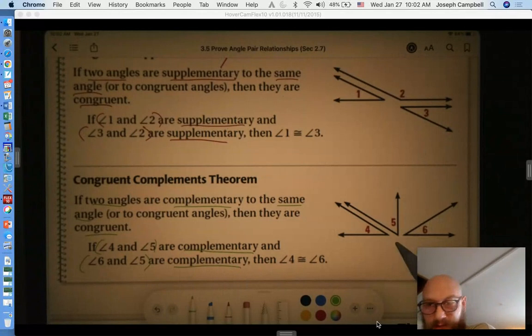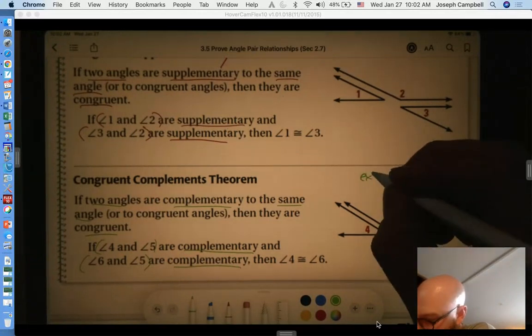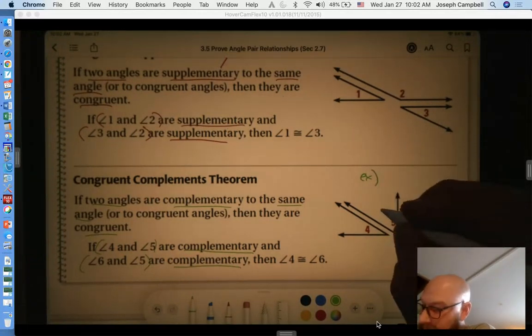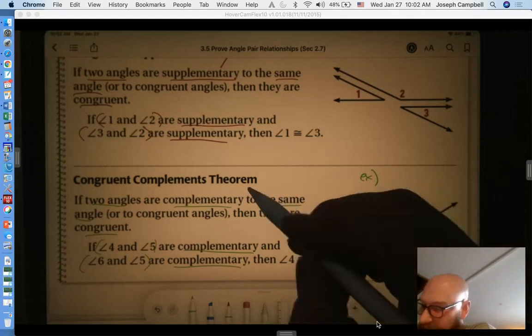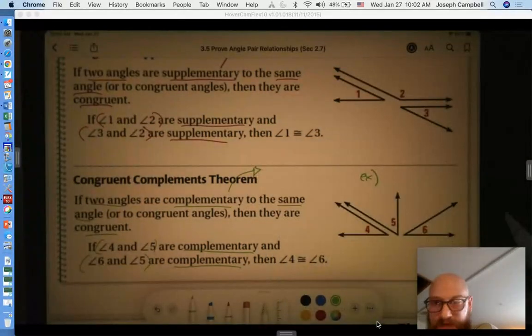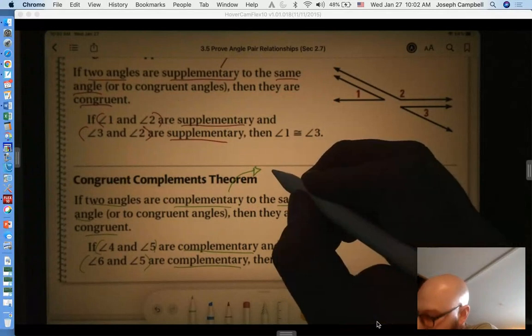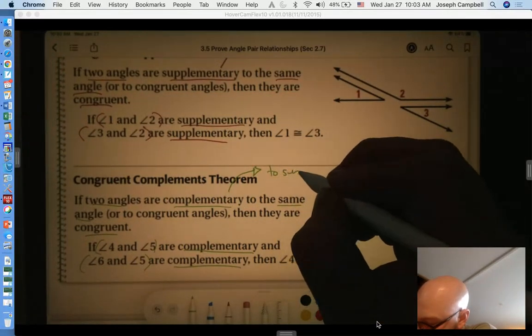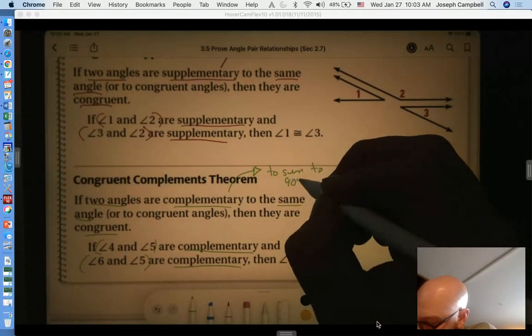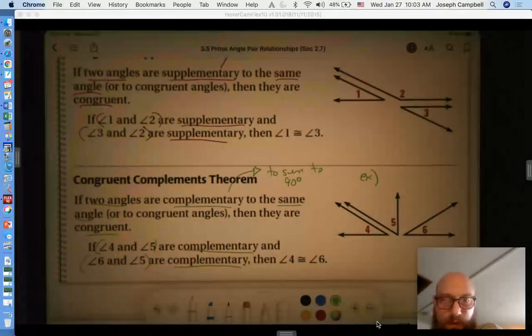Same idea here. By the way, what does it mean to be complementary? It means to sum to 90 degrees. You can think of it as, complement always makes everything right.